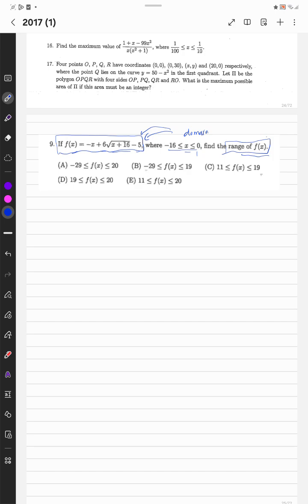So how can we tackle a question like this? It depends on the type of expression that we were given. If you were given something like x square plus 2x minus 6, the approach is usually simple. We just have to complete the square.